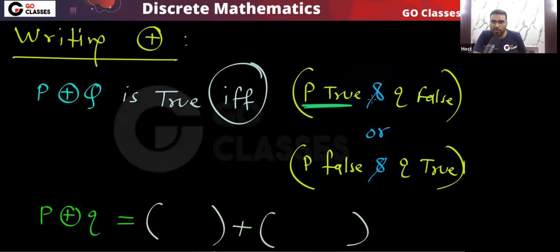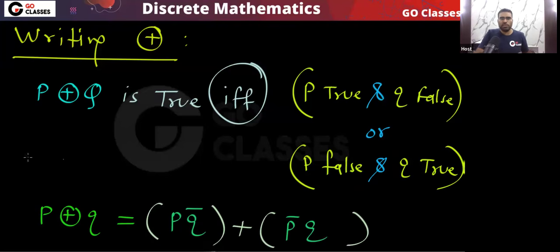So very simple. P true and Q false, how to write it? There is an AND here, so P Q bar, or, P false and Q true, that means P bar Q. Is this clear? Did you understand how to write exclusive OR? Yes or no?